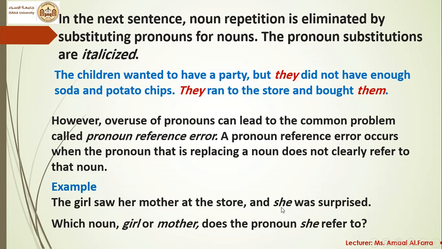Look at the pronoun she. Does it refer to the girl or to the mother? We don't know. Who was surprised? So this reference is ambiguous. We should not use pronouns that lead to ambiguity. They should be clear enough to be understood by the readers.